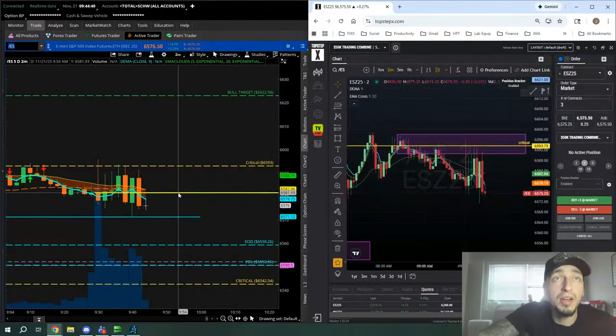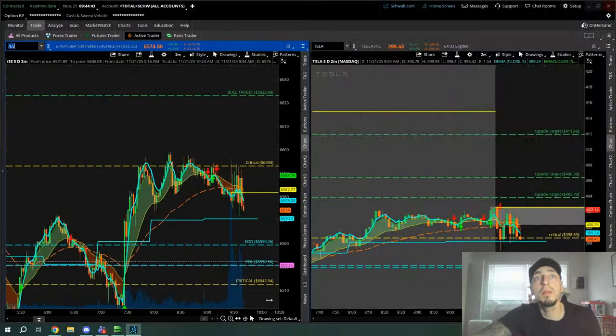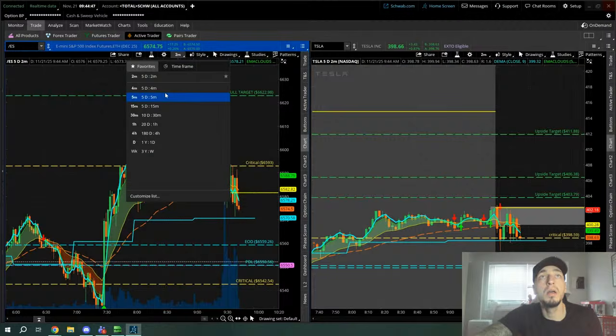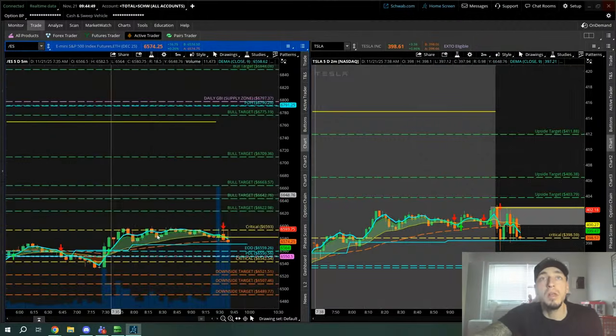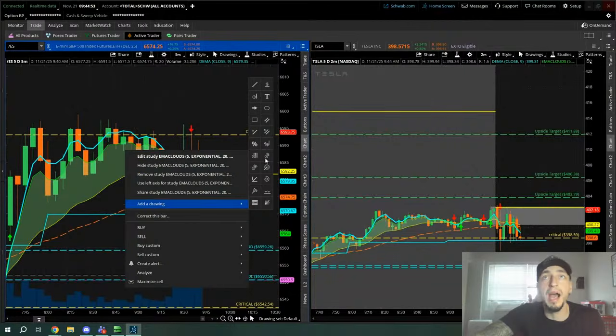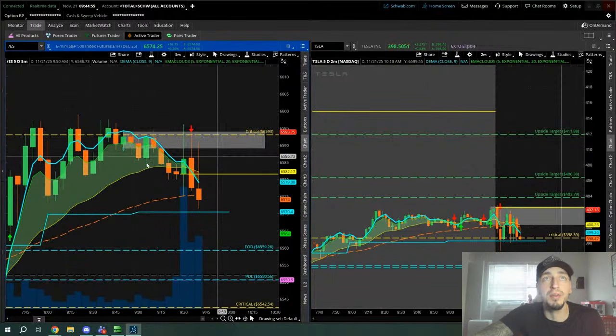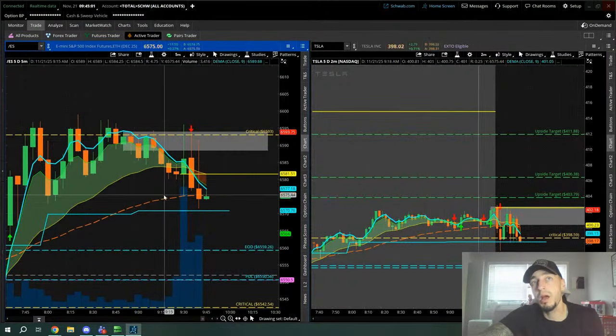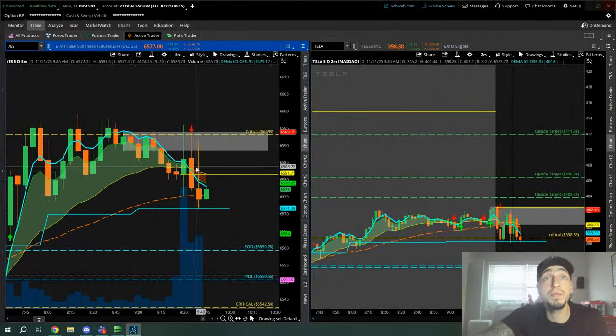If we could pull up here in the open print. The key thing here is the GBI was respected at this critical level. So I am definitely bearish. All right, candle close. 5-minute.